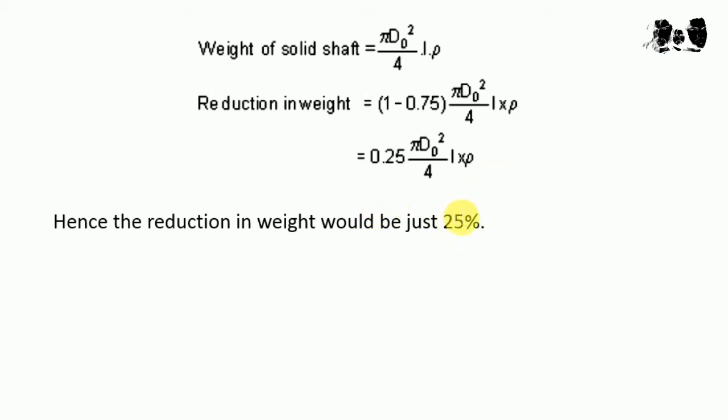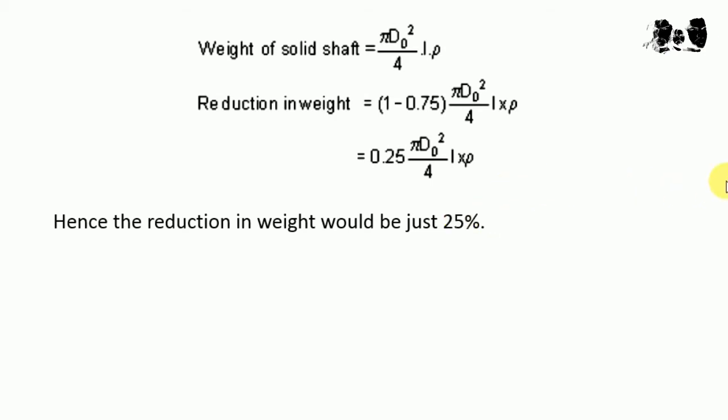That is the basic fundamental reason for choosing or applying hollow circular sections or sections of different shape in the construction of steel structures. Because we have a higher value of shear stress in the hollow section, and also the weight is reduced by 25%, that is far more economical than the solid shaft.